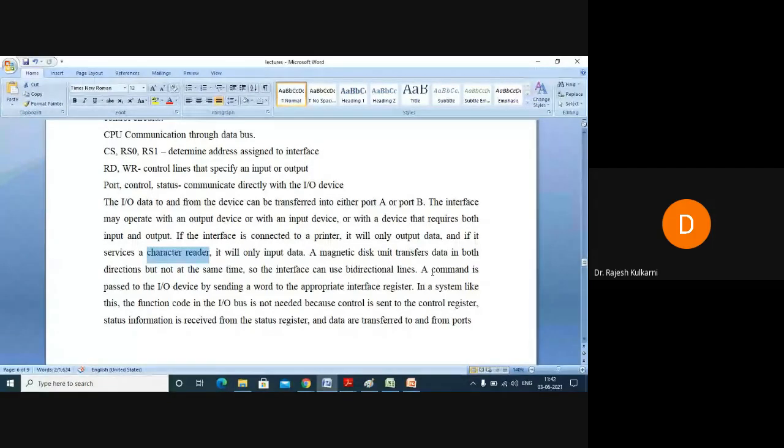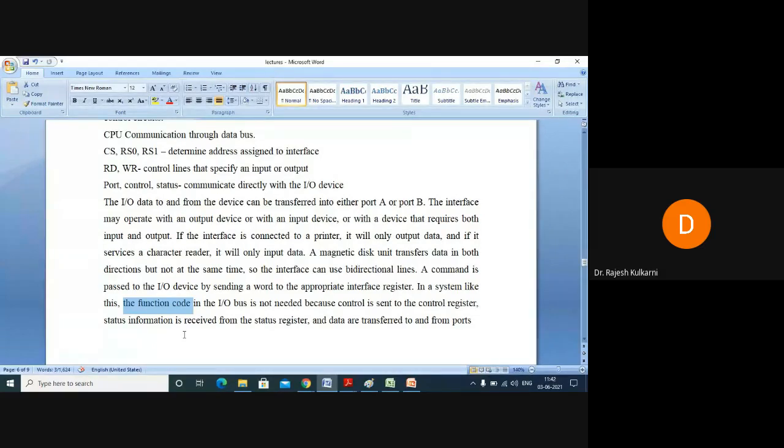So what will happen is a command is given to the input output device. How is this command given? By sending bits to the interface register. Here you don't have the commands which we referred to in the previous class, which you call function codes.